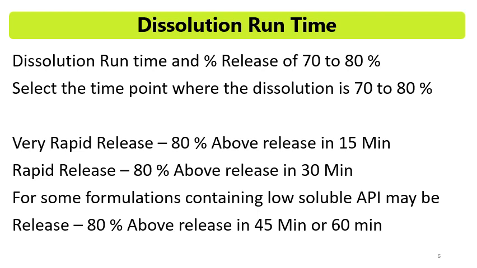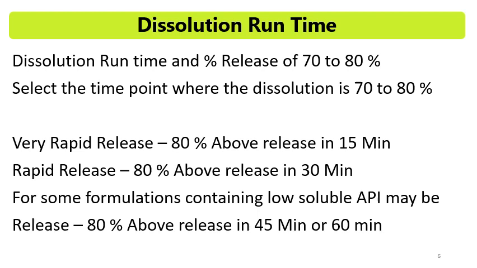And if the formulation contains slowly dissolving drug substances or poorly soluble or low soluble drug substances, then the release of around 80% or 70% may go up to the later time points or longer time points like 45 minutes or 60 minutes.